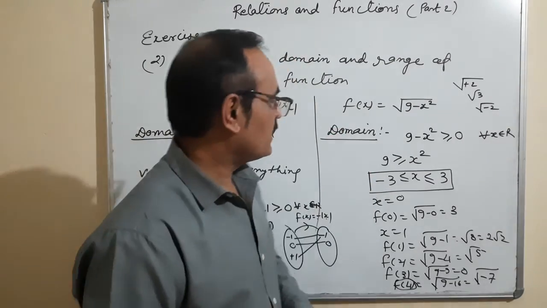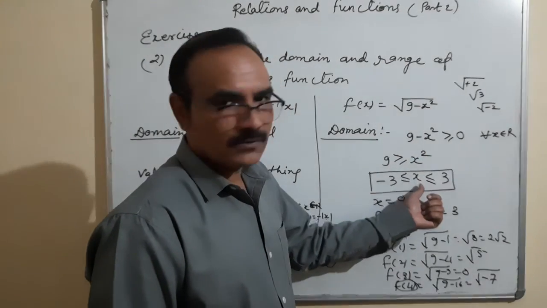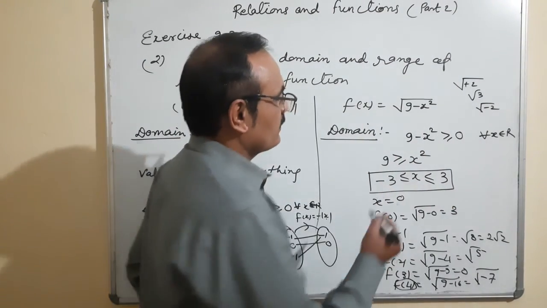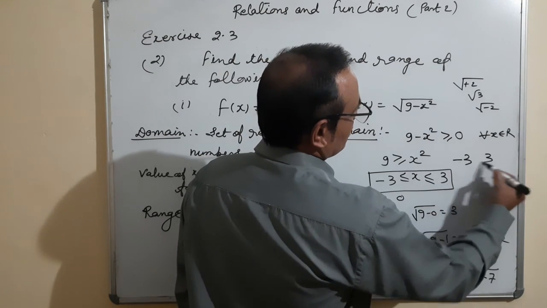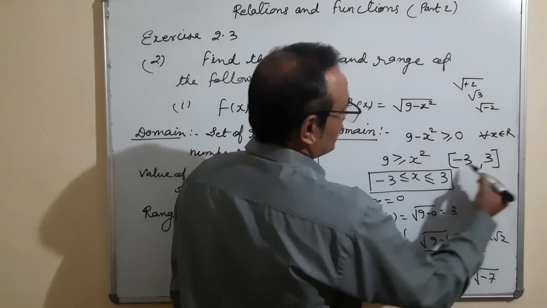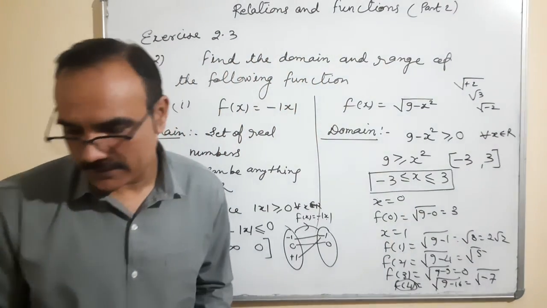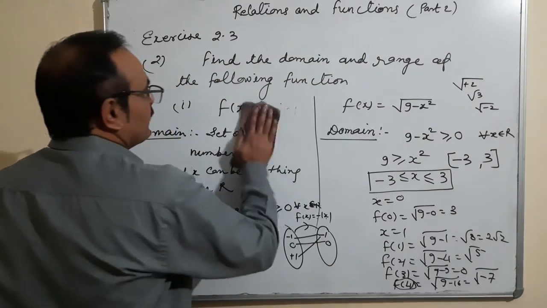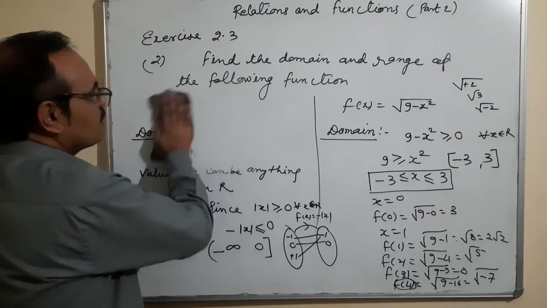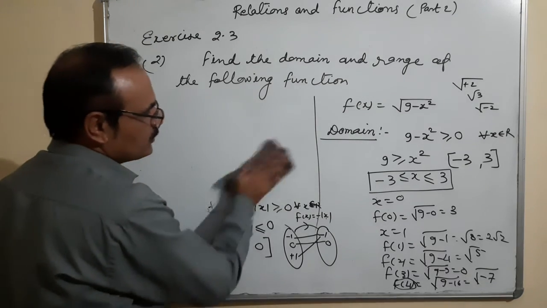The domain of this function is minus 3 to plus 3, a closed interval, because minus 3 and plus 3 are also included. You cannot put a value more than 3 or less than minus 3 in this function.